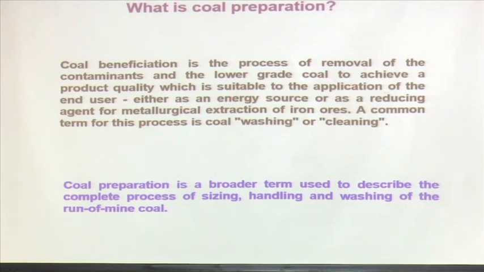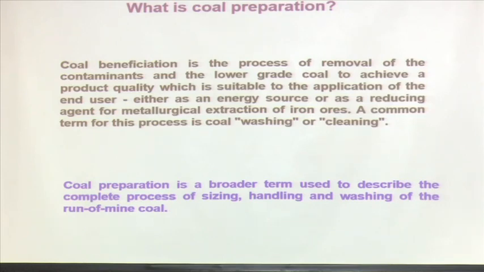In short, I will say that mined coal, whatever we are mining today, whether it is coking or non-coking, does not matter, has an average ash content varying from 40 to 50%. And the quality requirement for coking coal imposed by the metallurgists for steel plants is that my ash content should not be more than 17.5%.